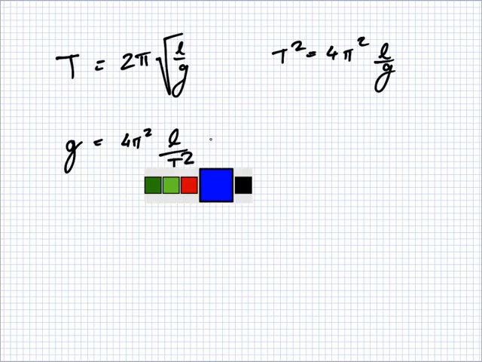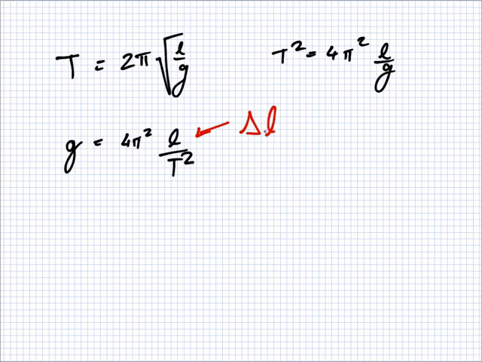But of course, for example, here you don't know the L perfectly, and here you don't know the T perfectly. So the question is, how do these two affect the G on the left?